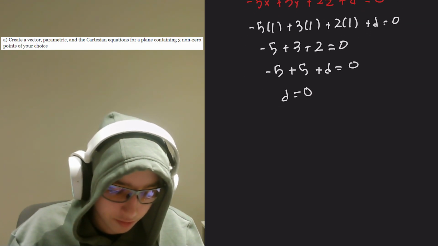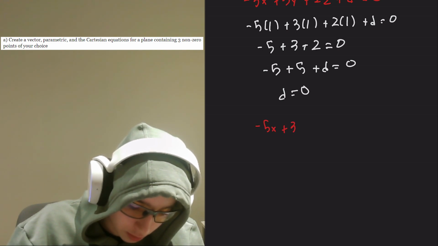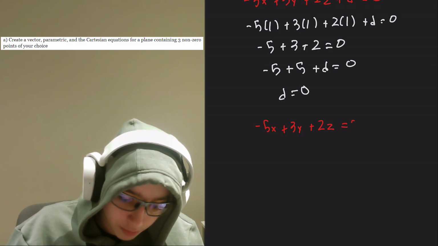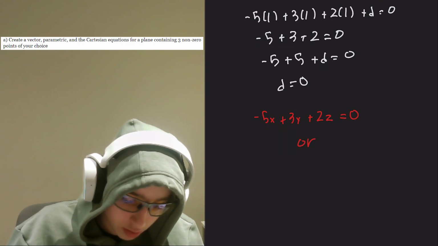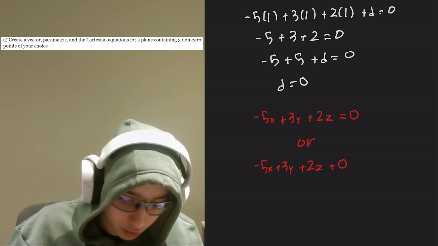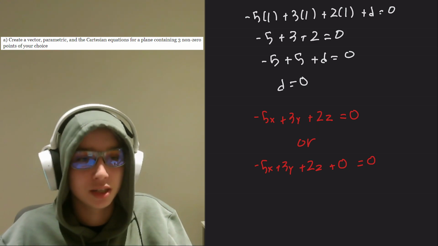So let's just write out our final answer right here, which would be negative 5x plus 3y plus 2z is equal to 0. You could also put negative 5x plus 3y plus 2z plus 0 is equal to 0, but there's really no need for that, because if there's no d value, it must be 0.